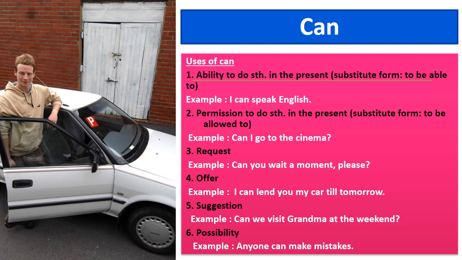For example, can we visit grandma at the weekend? So we are making suggestion, advice. Number 6, possibility. For example, anyone can make mistakes. So this is the possibility. So can is used for these many things.